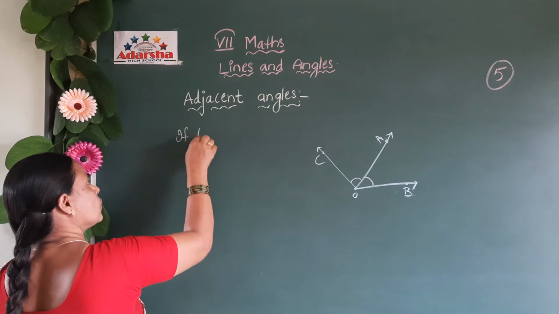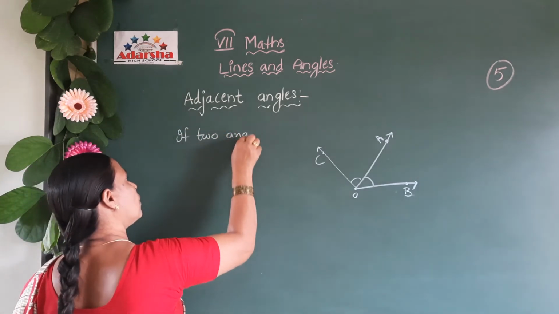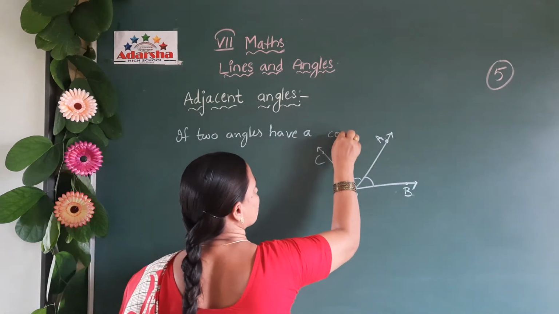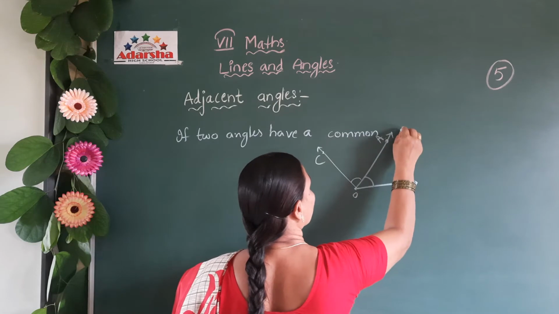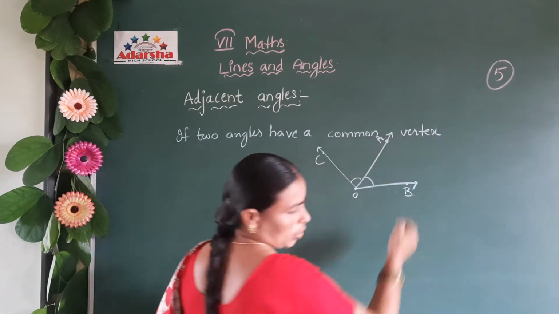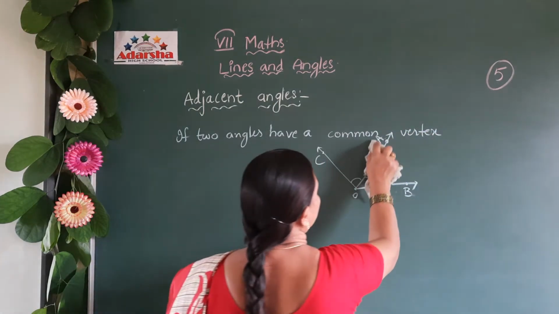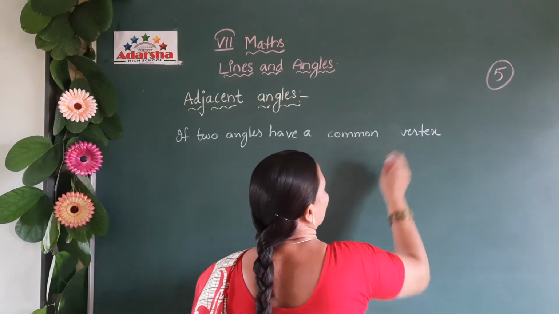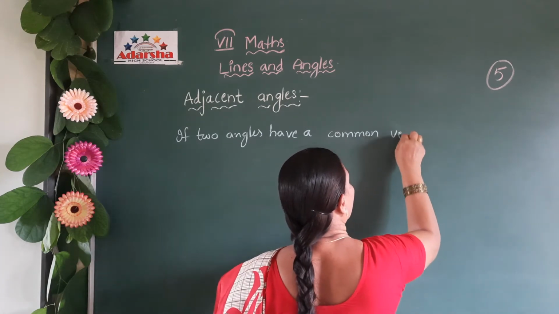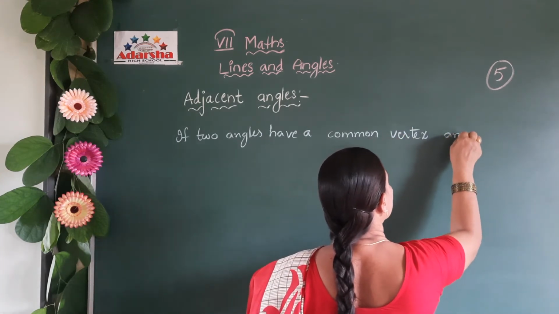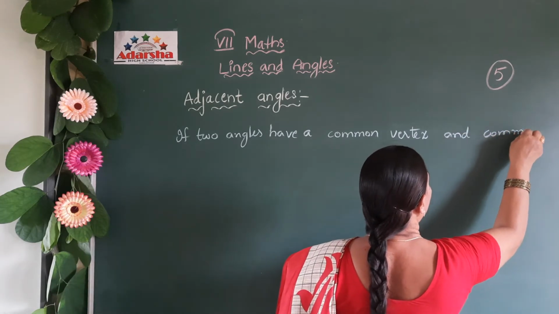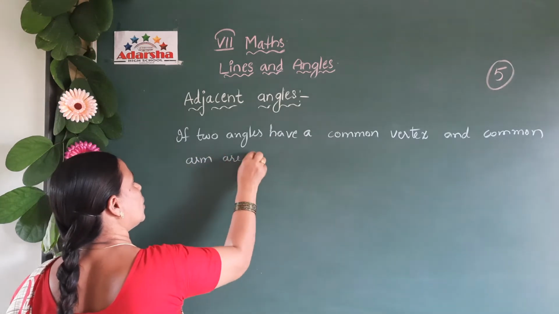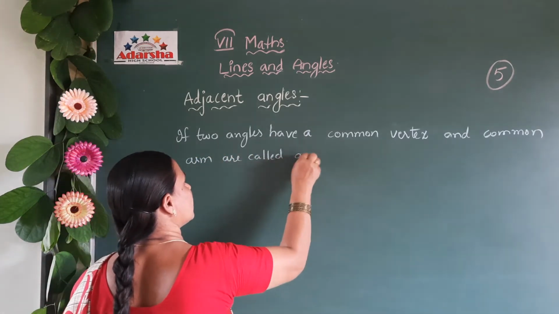If two angles have a common vertex and common arm, they are called adjacent angles.